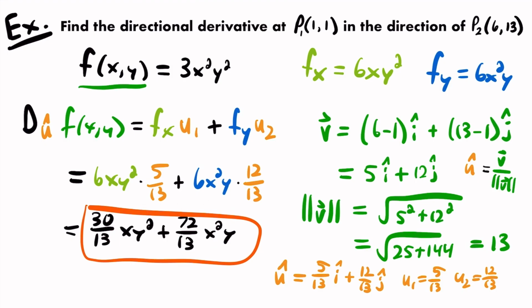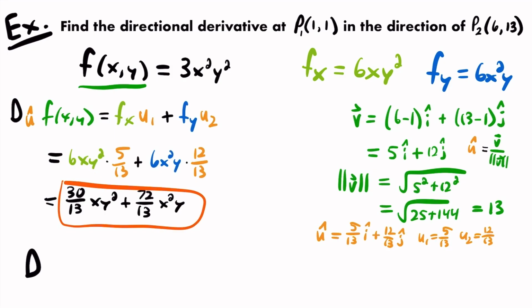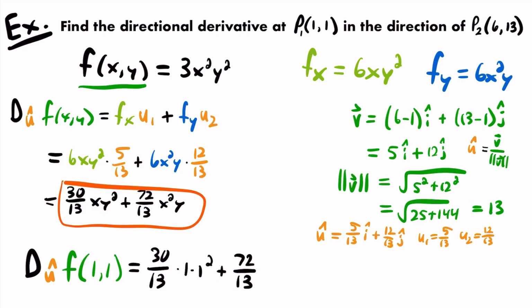All right, so let's do that here. We will have the derivative in the direction of u for f of 1, 1 is equal to 30 divided by 13 times 1 squared plus 72 divided by 13 times 1 squared times 1. All right, both x and y become 1, which makes this a pretty easy calculation.